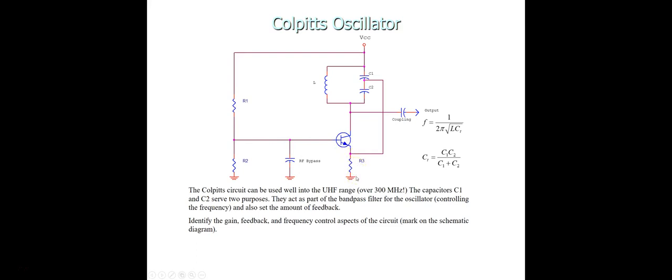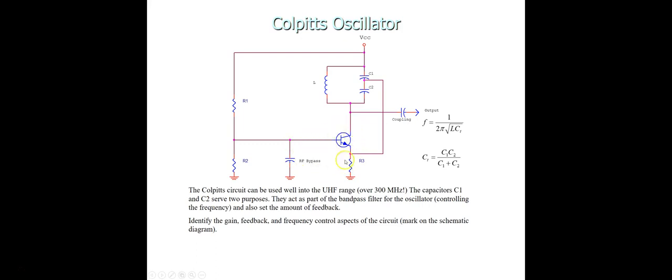Now in the AC operation, you have seen in the previous two oscillators that the transistor was operated as a common emitter amplifier with signal going into the base and coming out of the collector.